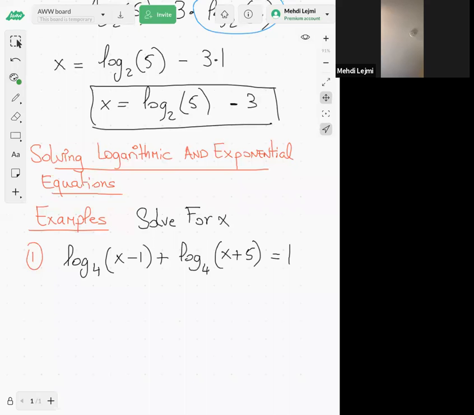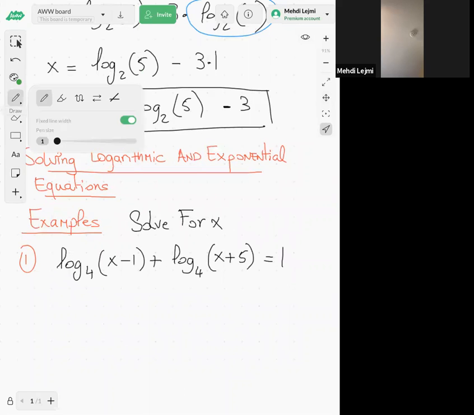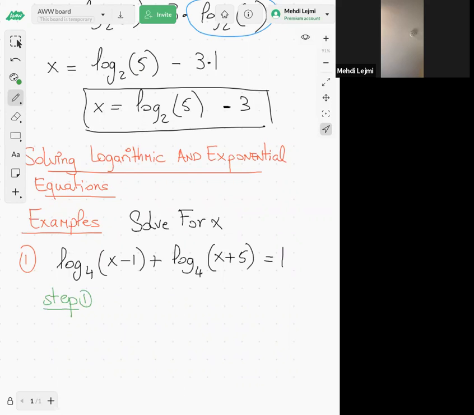So step one would be to combine all the logs in just one log. The question now is how can we combine these two logs in just one log?